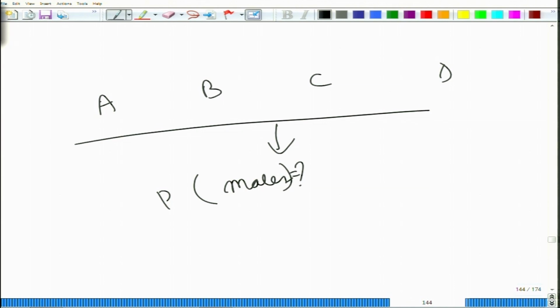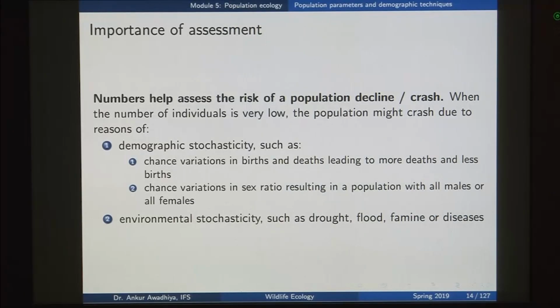So, what is the probability that all the offspring are males? You want an assessment of the probability of having such a scenario.